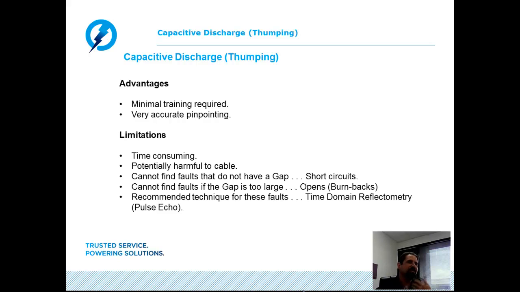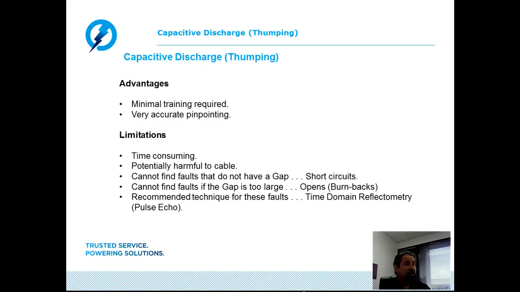No matter how much energy and voltage we discharge into the circuit, we have no energy being discharged or jumped across. We just have basically a constant current loop. So a bolted fault or a dead short, you can thump it all day long. You will not get the acoustic event you're looking for, and you will not be able to pinpoint this fault. Again, in order to have sound, we need a gap, we need air.